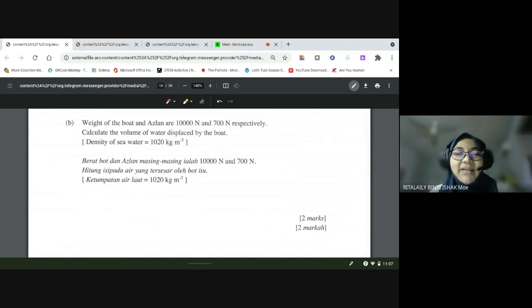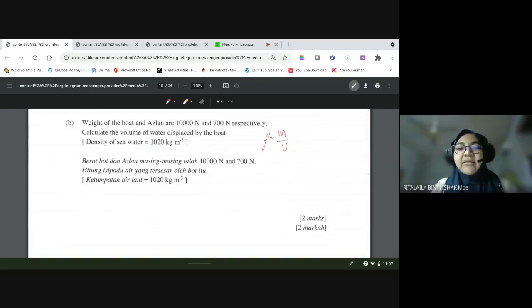So, macam mana kita nak kira ni? Apakah hubungan? Okay, tengok balik. Okay, density equals to mass over volume. Dia minta volume of water displaced.